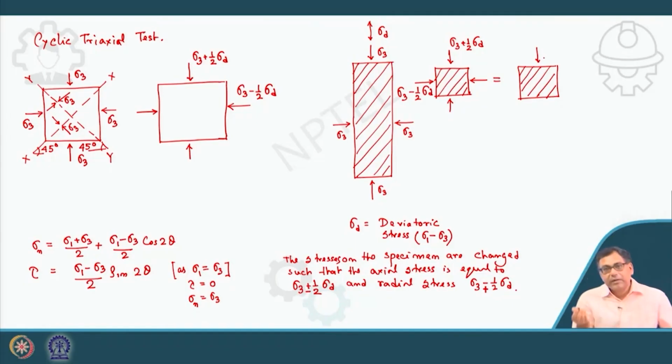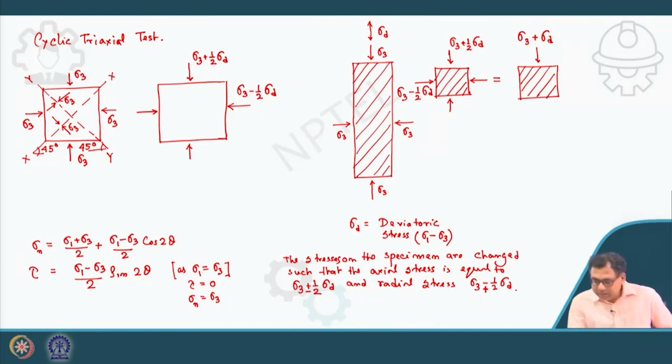Initially sigma 3 was there. Now we are applying the deviatoric stress. If the direction of the deviatoric stress is the same as sigma 3, then the vertical or axial stress on this specimen will be sigma 3 plus sigma d, because sigma d is now acting in the same direction as sigma 3.